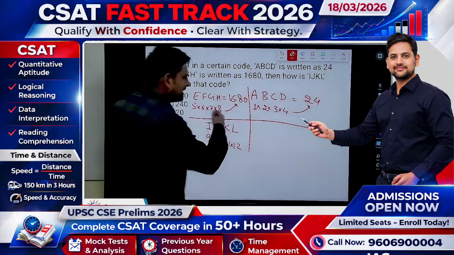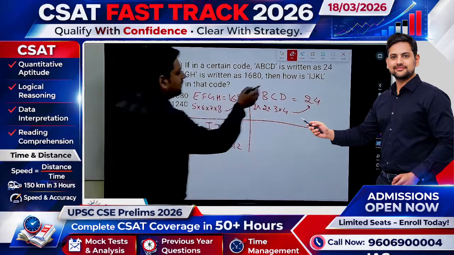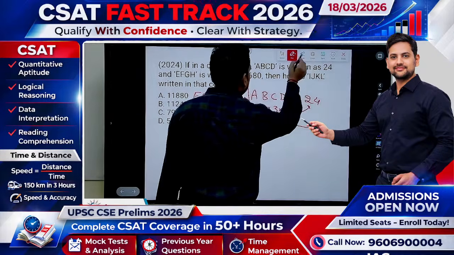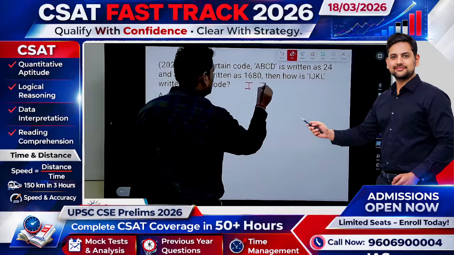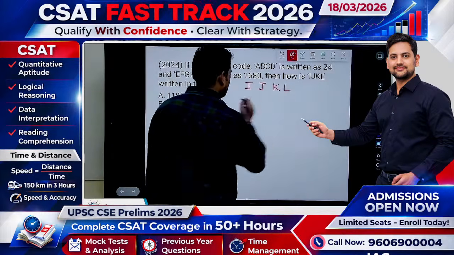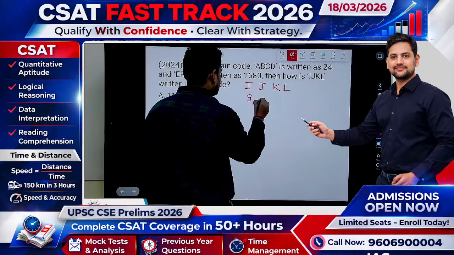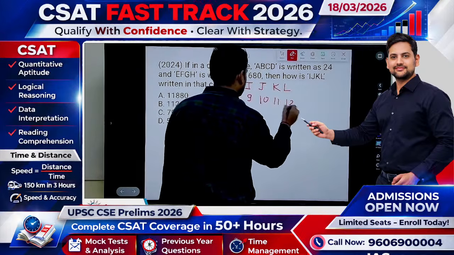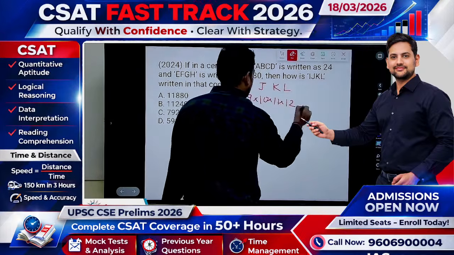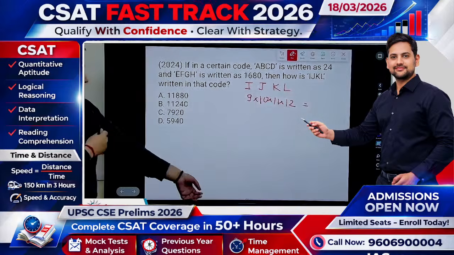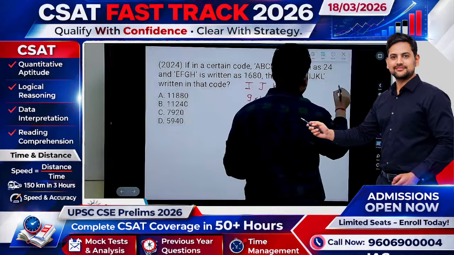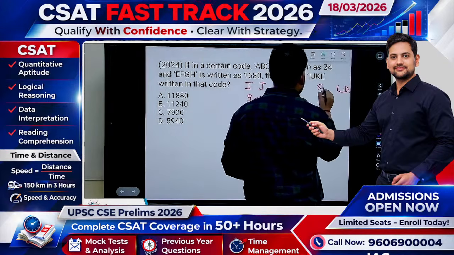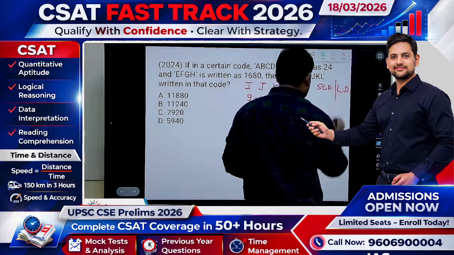See, this you understood now, pattern? Now see, I, J, K, L. These are 9, 10, 11, 12. Now, if I have to multiply all 4 of them, just focus on the last digit and then second last digit.